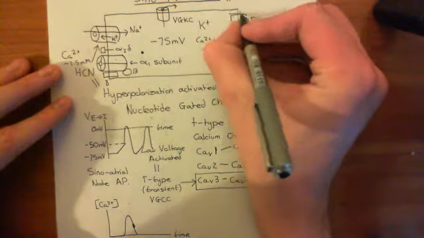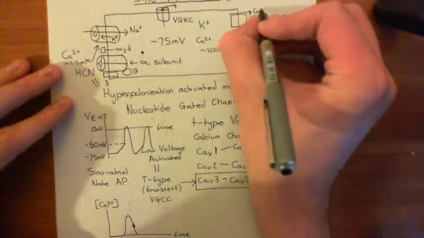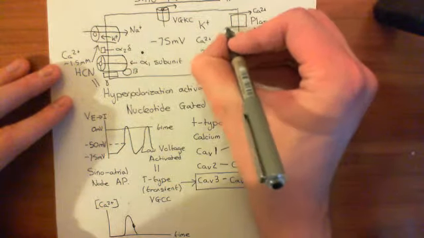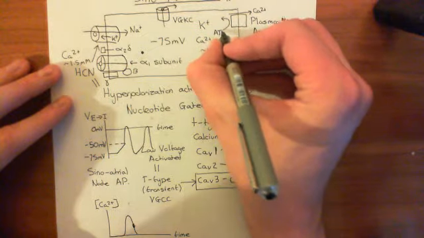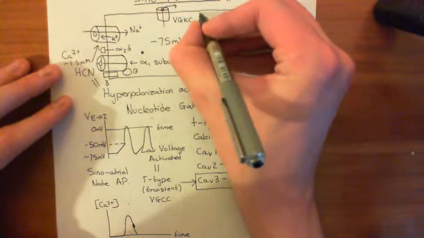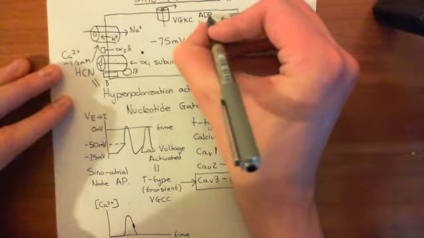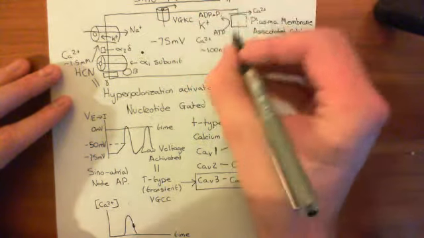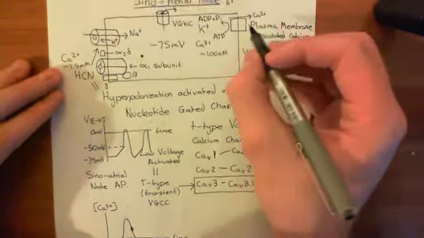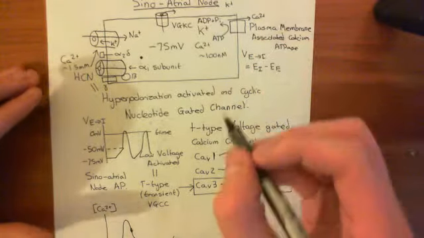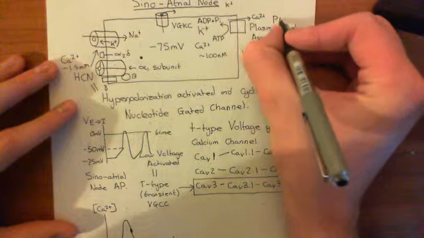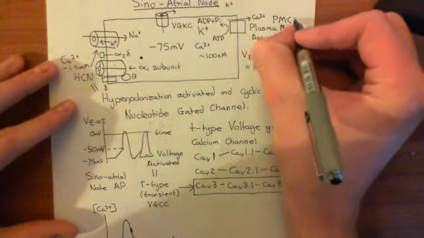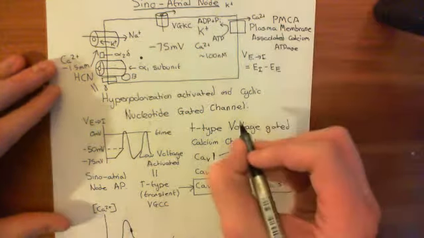So basically, it moves a single calcium ion out of the cell in exchange for the hydrolysis of ATP. So it takes in a single ATP molecule, hydrolyzes that to ADP and an inorganic phosphate, and with the energy that's released from the hydrolysis of the ATP, it uses that to pump the calcium out of the cell against its concentration gradient. And that channel is often abbreviated to the plasma membrane calcium ATPase, or the PMCA.